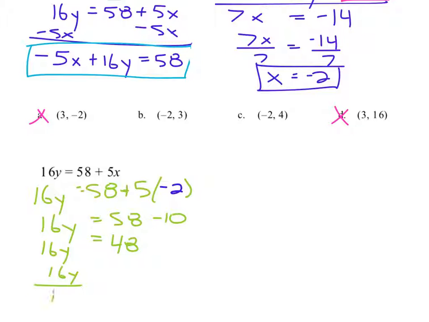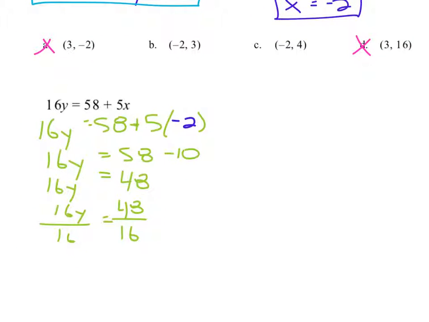Then dividing both sides by 16, we get y equals 3. So we had x is negative 2, y is 3.